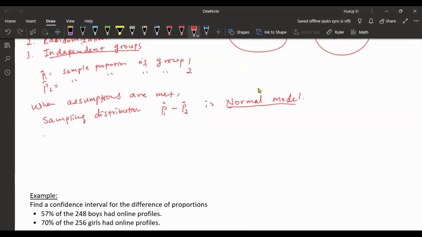So here, the mean of p hat 1 minus p hat 2 is given by just p1 minus p2, the difference between the population proportions.